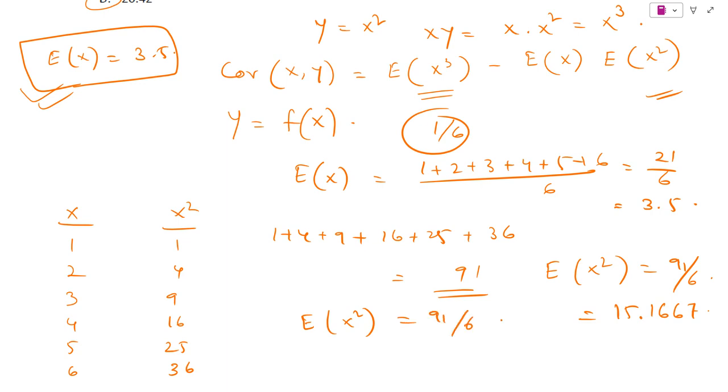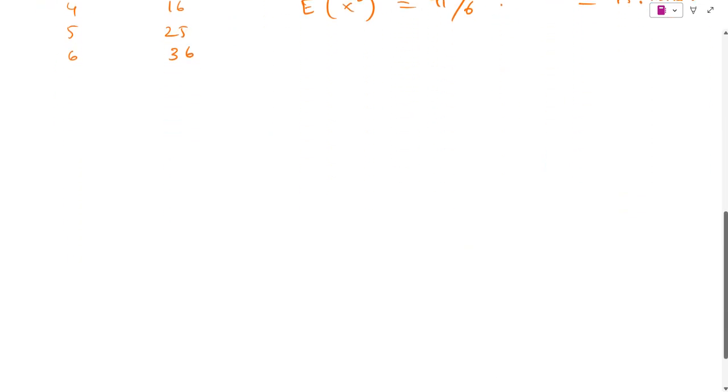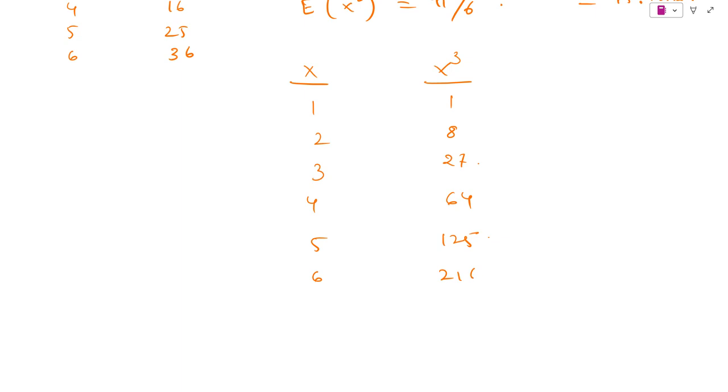Now calculate expectation of X cube. Now cube every number. 1 is 1, 2 is 8, 3 is 27, 4 is 64, 5 is 125, and 6 is 216. Now add them: 1 plus 8 plus 27 plus 64 plus 125 plus 216.